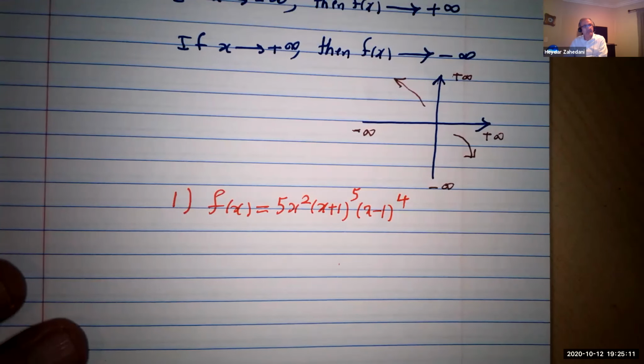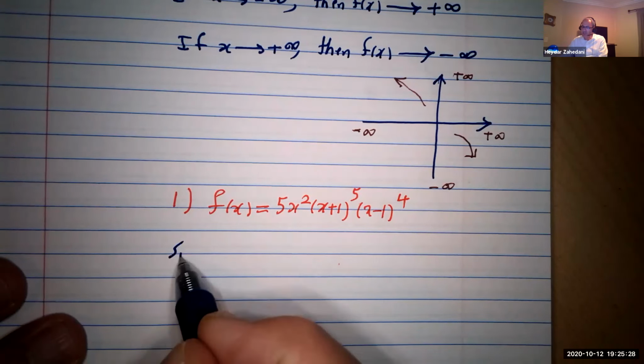If this is the case, you have to find the leading term yourself. The leading term is the x with the highest power. So we pick the x with the highest power from each factor and we multiply together, okay?